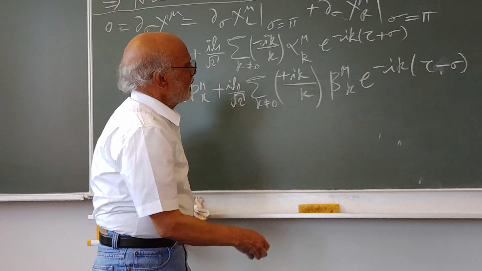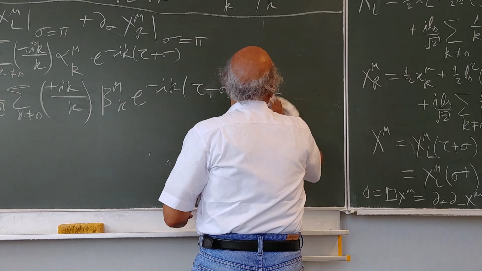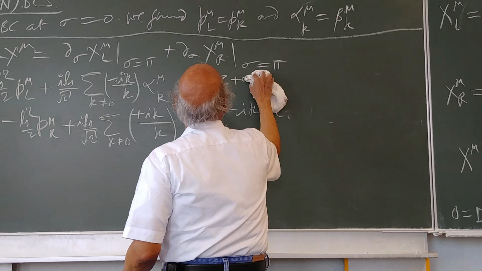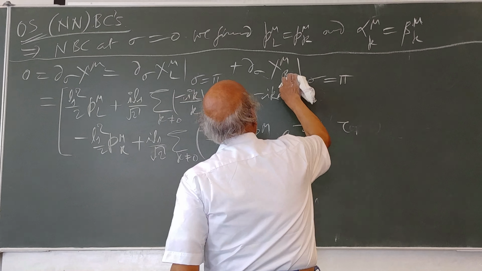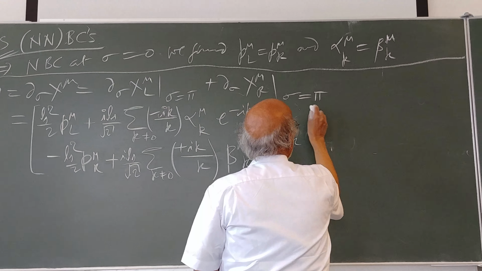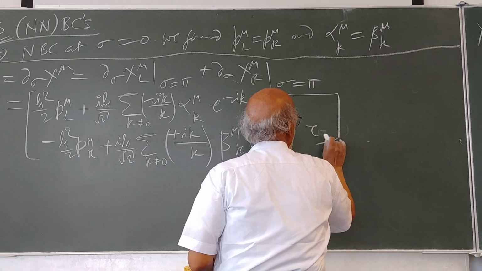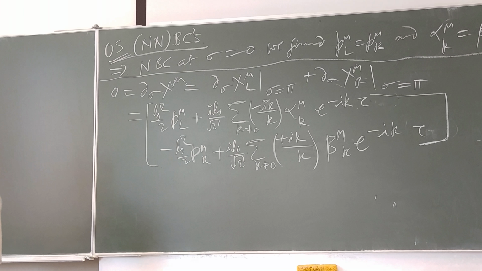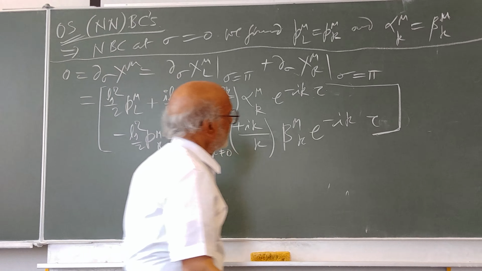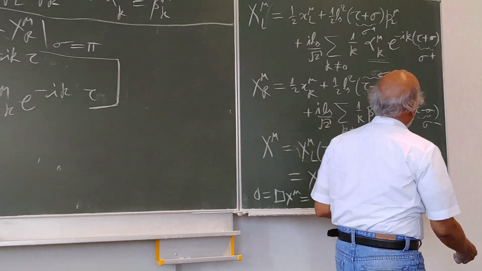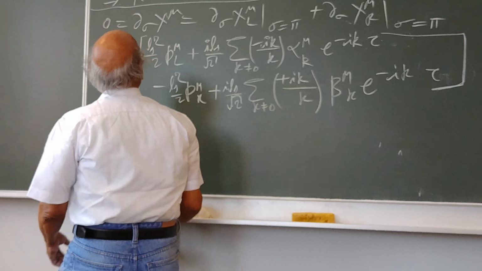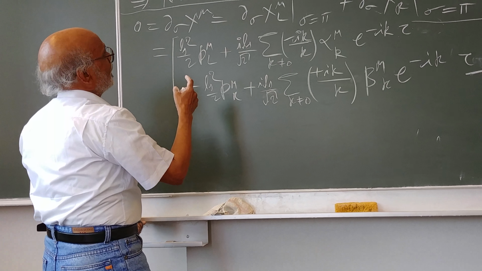If we implement sigma equals pi, maybe we can do it here. So this thing goes away and this thing goes away. That's our solution, right? Sigma equal to pi. Have I made some mistake? Oh, no, it's okay, because this we are still applying.